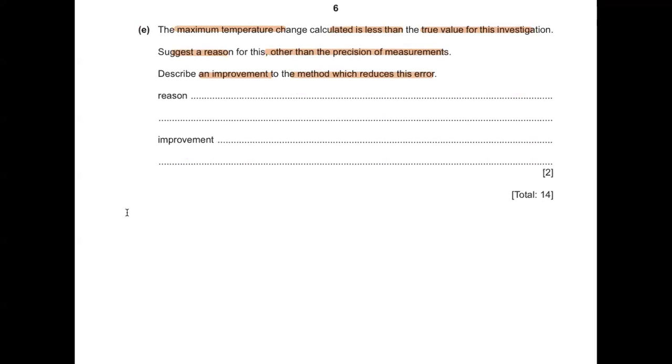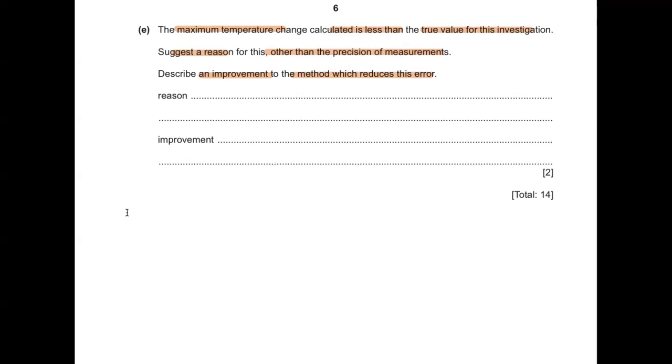The reason is, there is always heat either lost to the surroundings or gained from the surroundings. So if the heat is being gained from the surroundings because it's an endothermic reaction, then beside the energy being absorbed from the reaction, it is also gained from the surroundings as well.